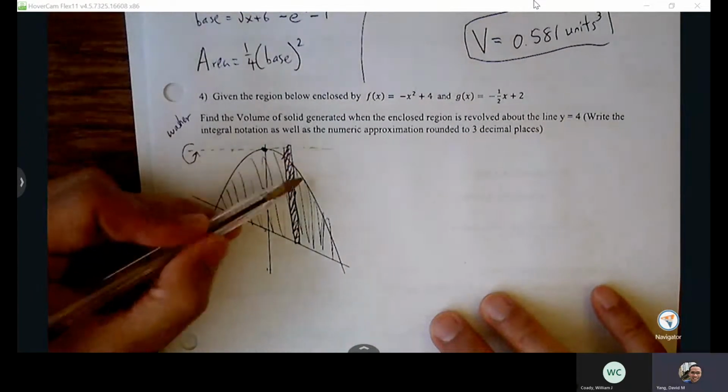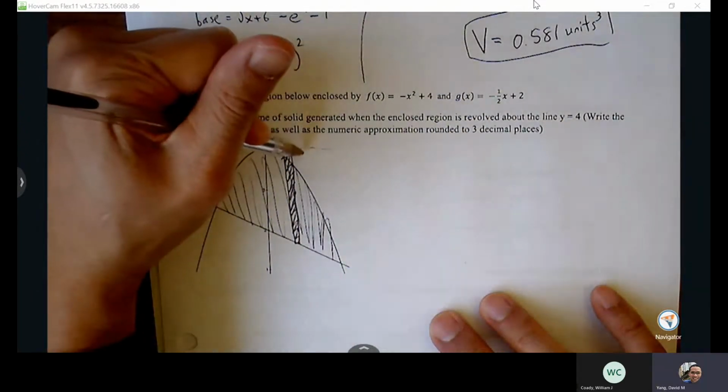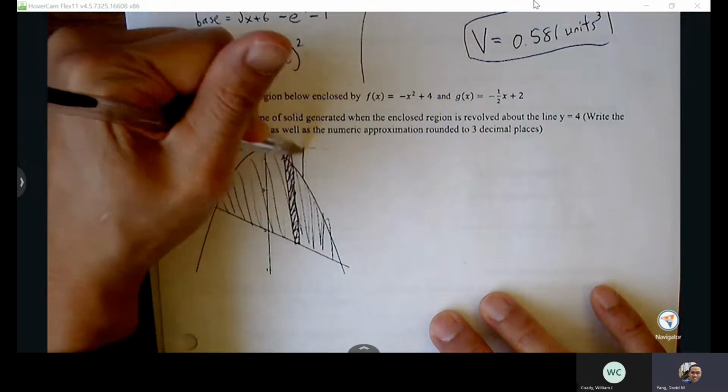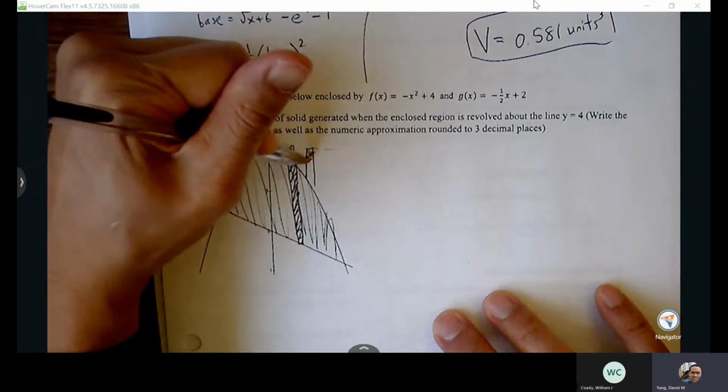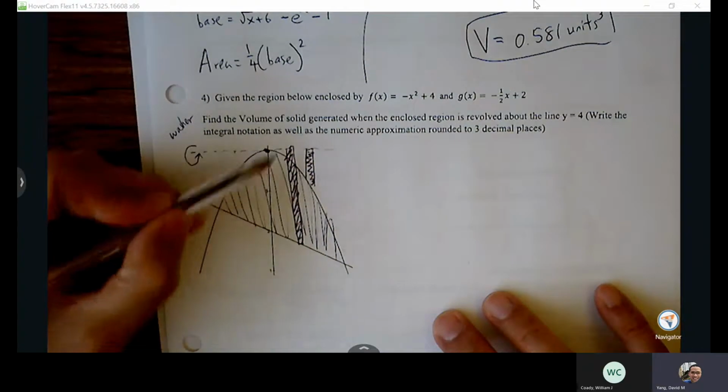Okay, from the axis to the closer boundary will be your little radius. And we do top minus bottom.